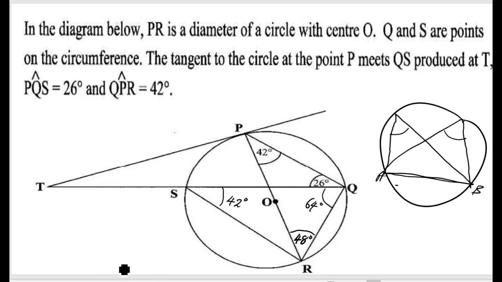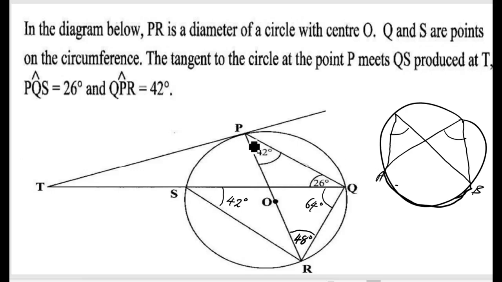Apart from saying angles coming from the same chord, you can also say angles coming from the same segment. Let's say there is no chord, but this is a segment here. Angles coming from segment AB are equal.